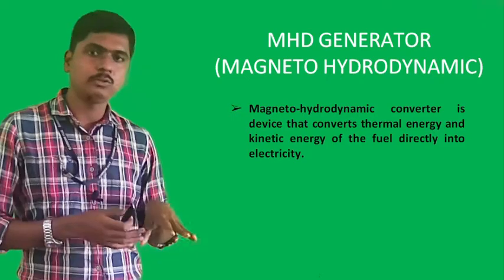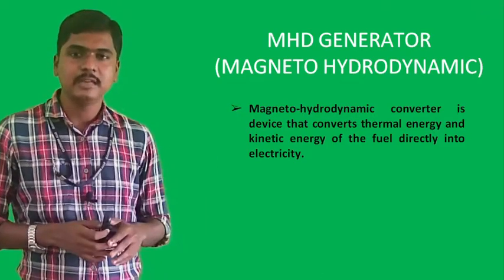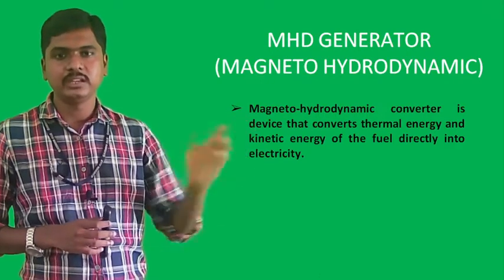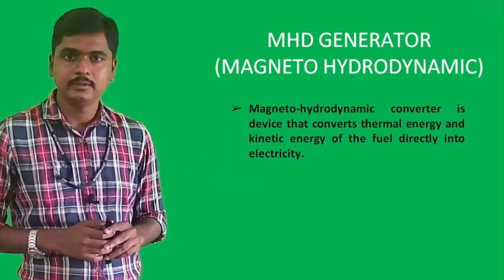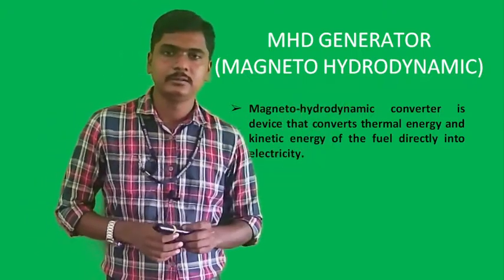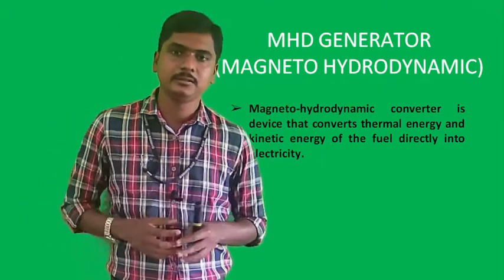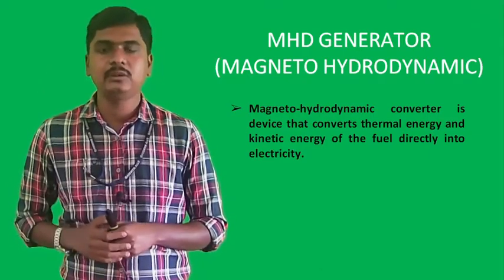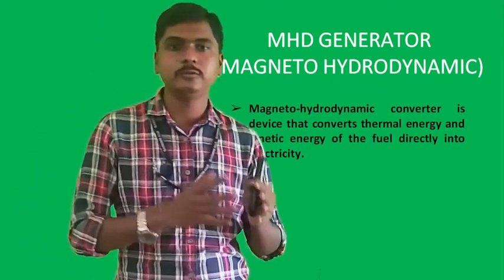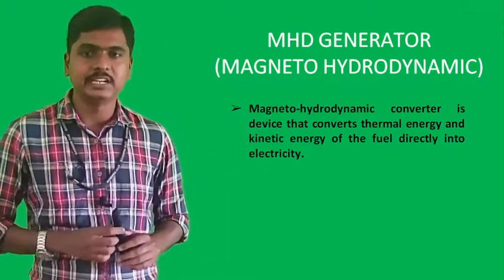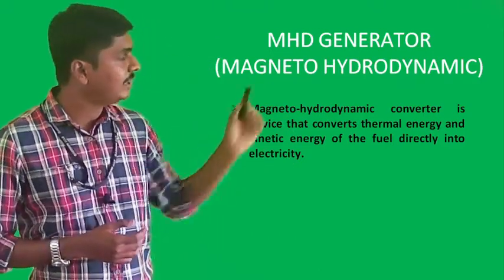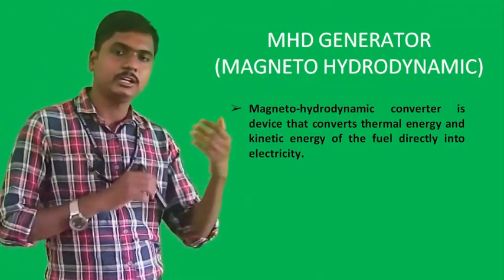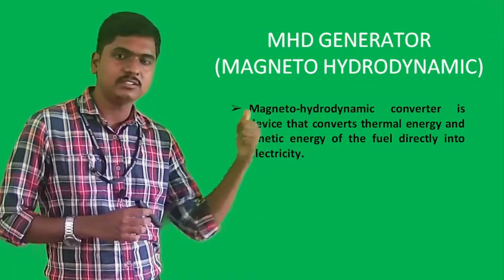This will convert the thermal energy as well as the kinetic energy of the fuel directly into electricity. How thermal energy and kinetic energy come into the picture, you will get to know when I explain the working principle of this MHD generator.